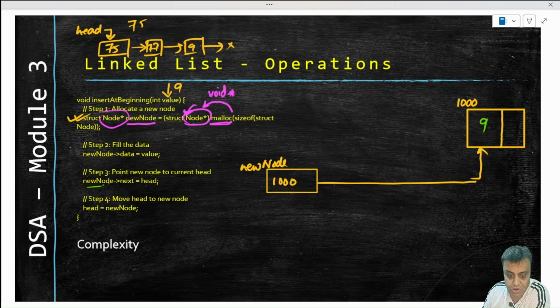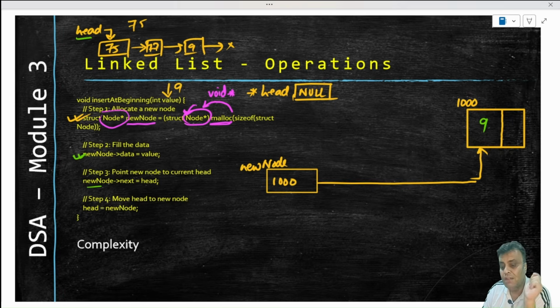And new node, so this is done, and new node, your next has to be the head. Where is head? We started off with a blank list. Remember, we started off with a blank list here, right? So where is head? Head was here, and this head was having null, right? So this head, because it was a blank list, head was having null.